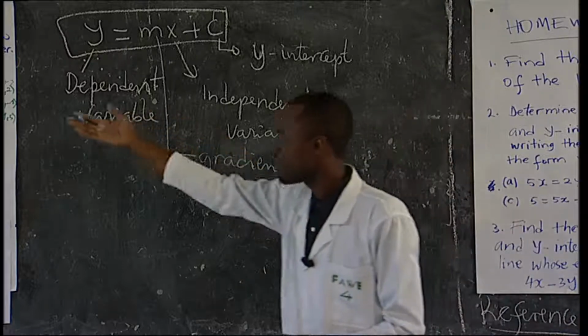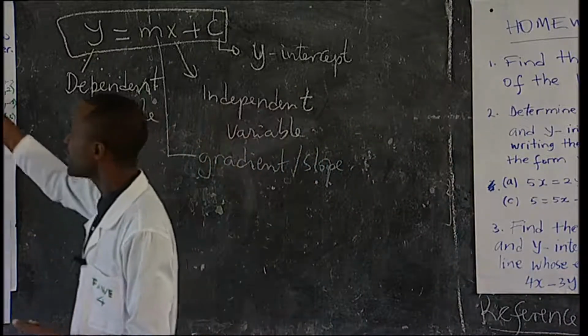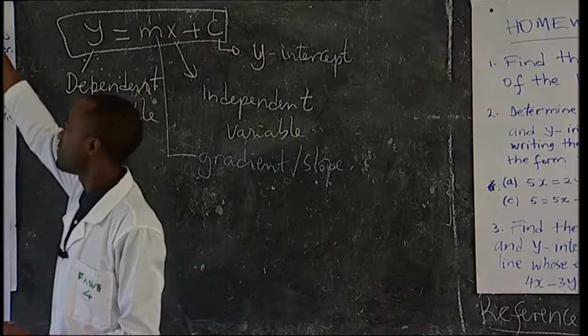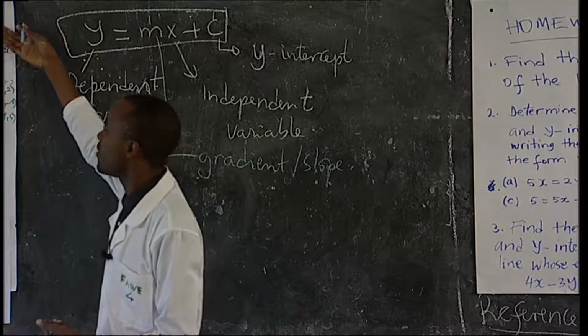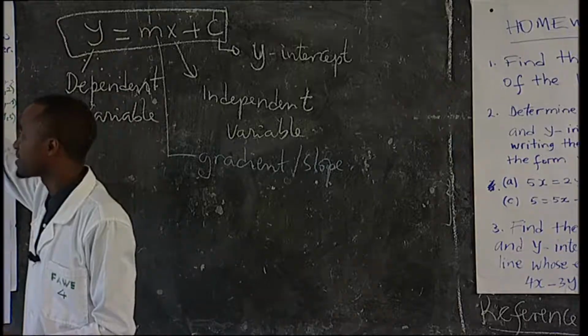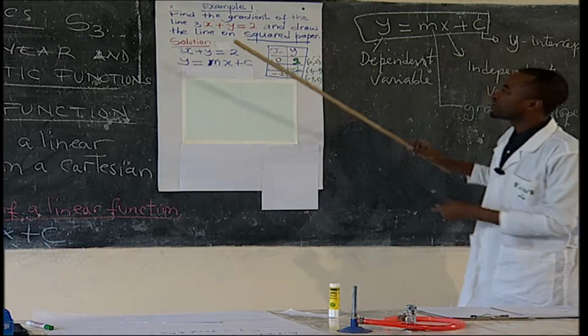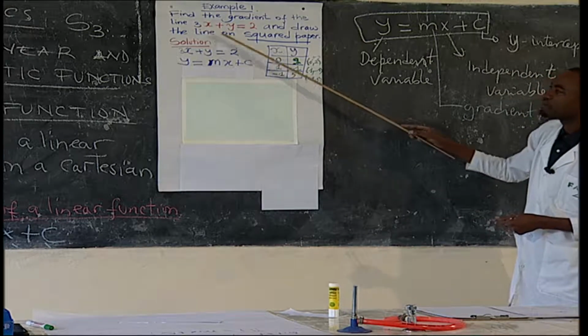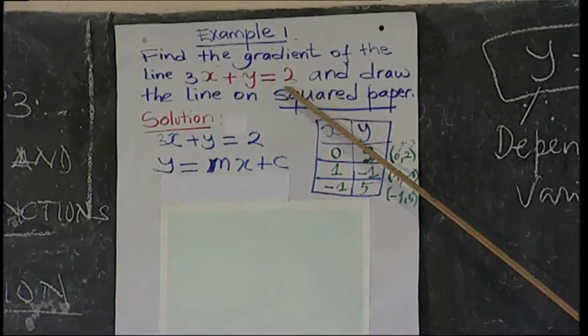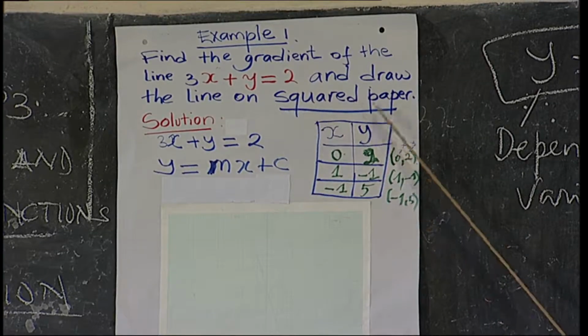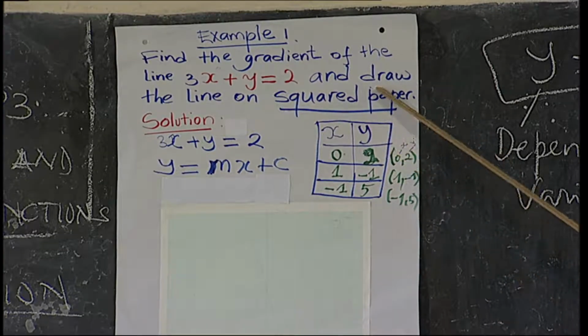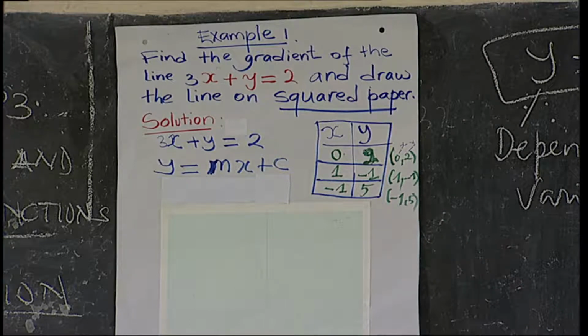Like in the example we have here: find the gradient of the line 3x plus y equals 2, and draw the line on the square paper. This is the question that we're going to do, to be a good example for us, to know how I can draw a linear function on my Cartesian plane.